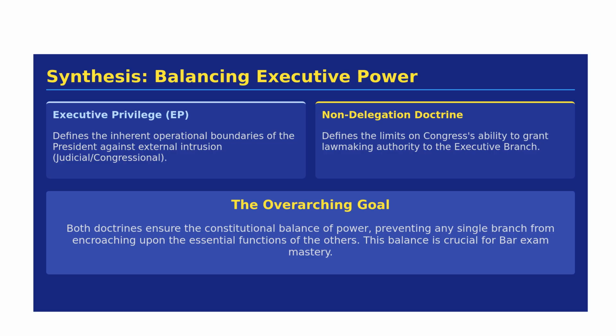Both doctrines ensure that neither branch encroaches upon the essential functions reserved for the others. Understanding this dynamic tension, the inherent need for executive confidentiality versus the legislative requirement to retain lawmaking authority, is a key takeaway for success on the bar examination.